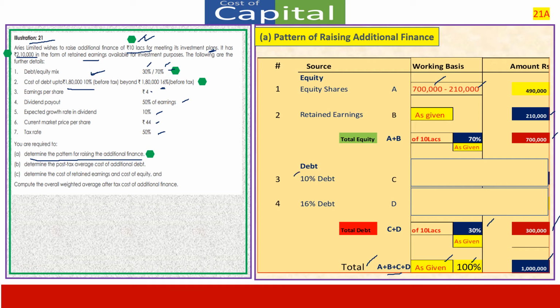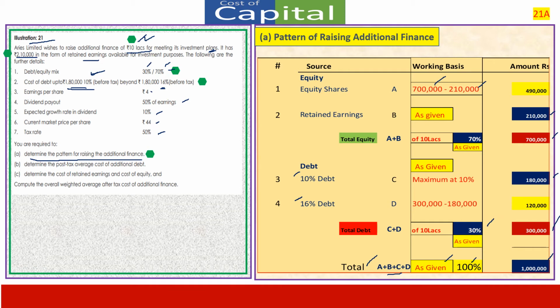One debt for 10%, second debt for 16%. Since maximum available is 1,80,000, we first take the cheaper debt to the full extent. Maximum at 10% is 1,80,000. Our total loan is 3 lakhs. We have taken cheaper loan at 1,80,000. Now we will go for balance. 3 lakh minus 1,80,000 is 1,20,000.